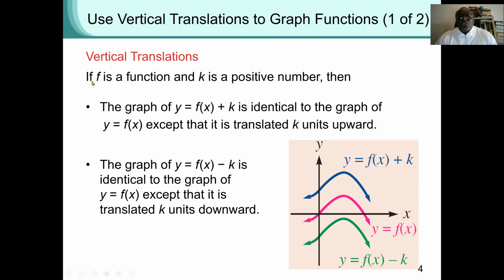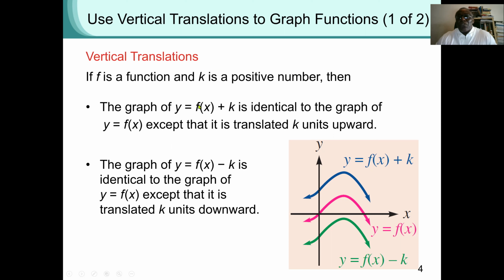And here we said that if f is a function and k is a positive number, then the graph of y equal to f of x plus k is identical to the graph of y equal to f of x, except that it will translate k units.